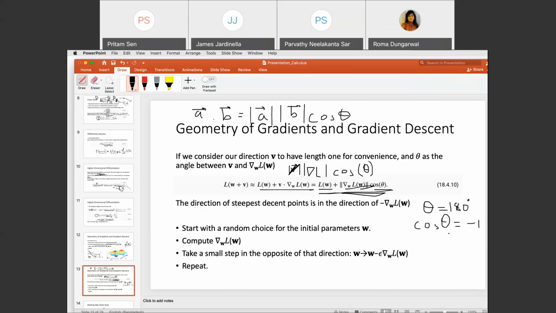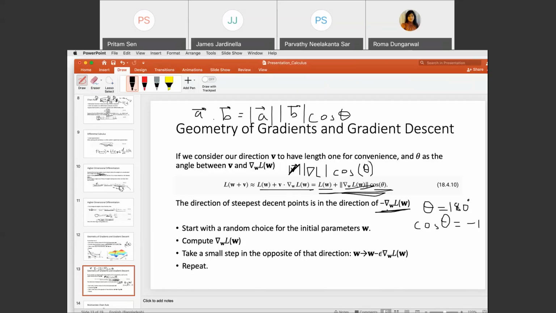So at that direction, cos theta will be -1, then the equation will be minus the magnitude of the gradient of the loss function.